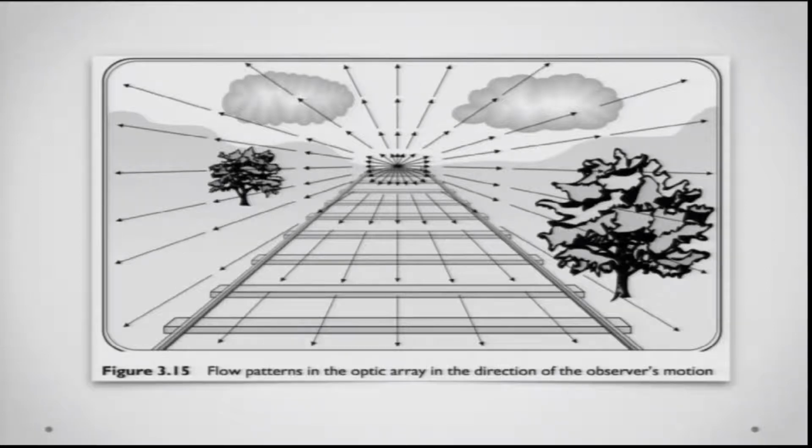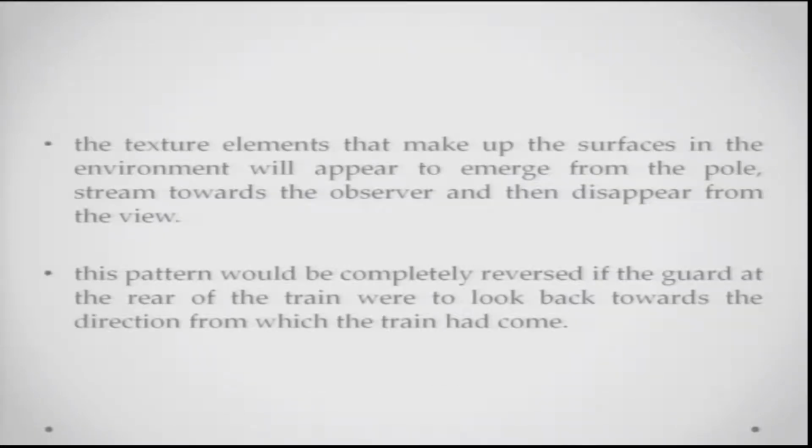Say, for example, the driver now comes to the back of the train. This pattern will completely get reversed if the guard at the rear of the train is looking backwards, in the direction from which the train has come.